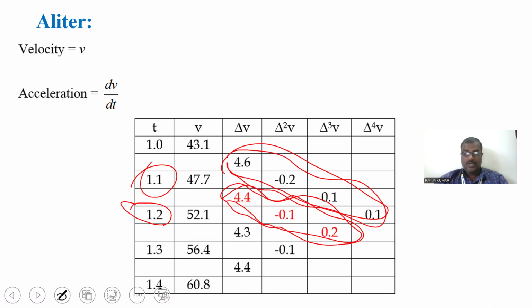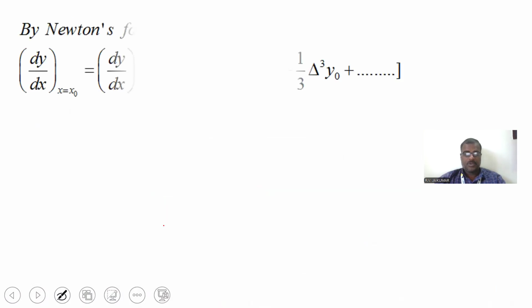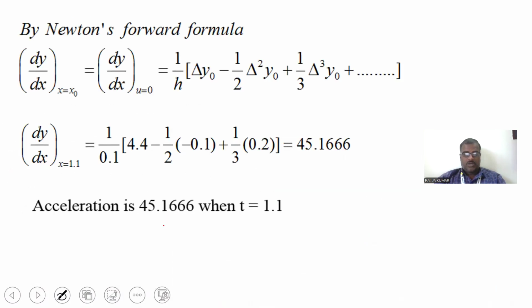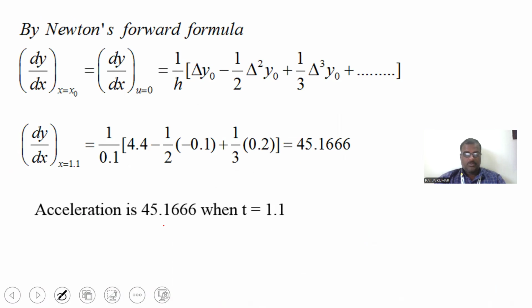We may not get the exact solution because, as I told you already, we are finding only an approximate value, not the exact solution. So no problem. We can use either the first formula or the second formula for this problem. We get a nearer value: 45.1666.